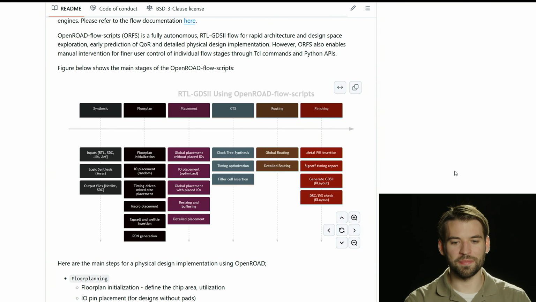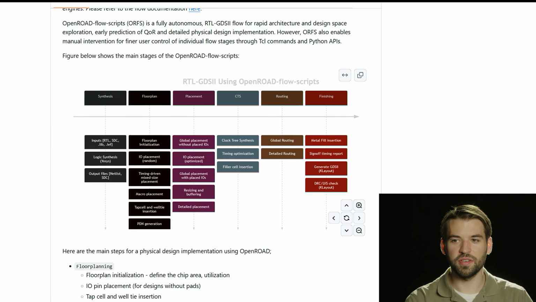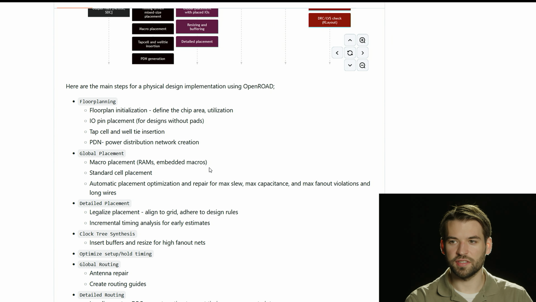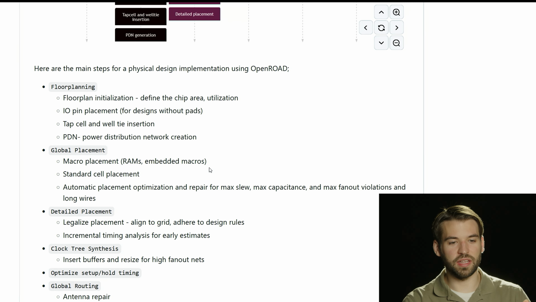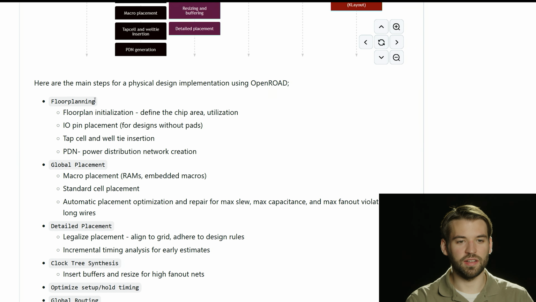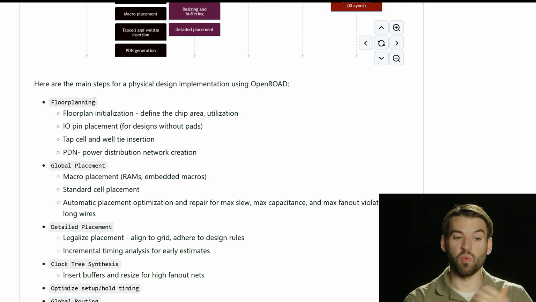There were some allusions to this when we first discussed OpenROAD, but I want to talk about each of these steps. Importantly, each one is done by one or perhaps even a couple of different tools. Floor planning is done by a specific tool.